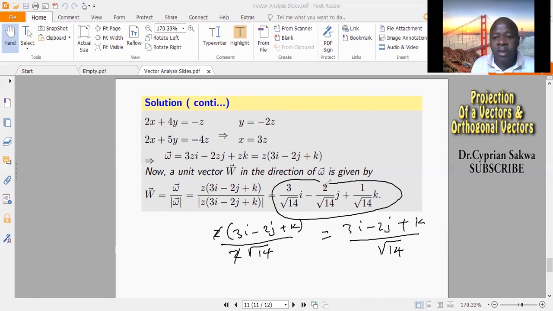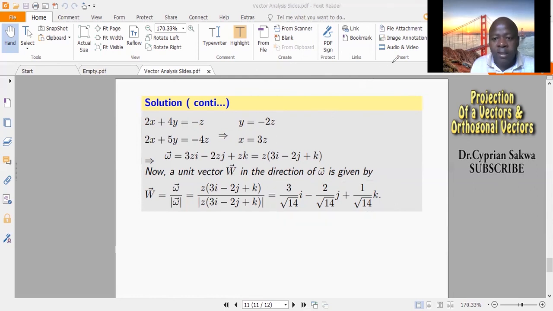And so that is how I do this question. That's how I get a unit vector. And I said from the beginning that it's very important to note that this question had two words that are very important, unit and perpendicular. So we use those two words to do the question.